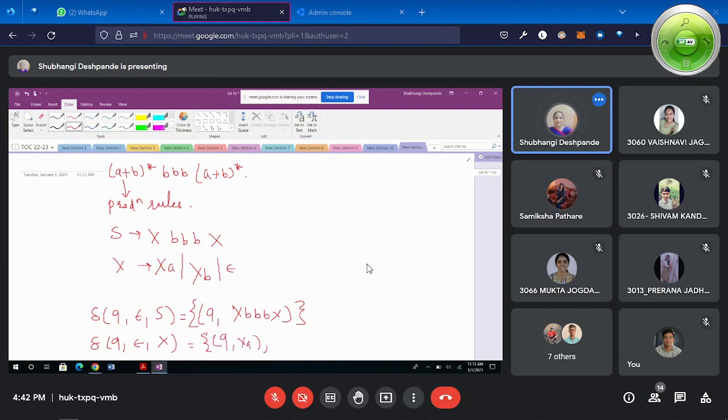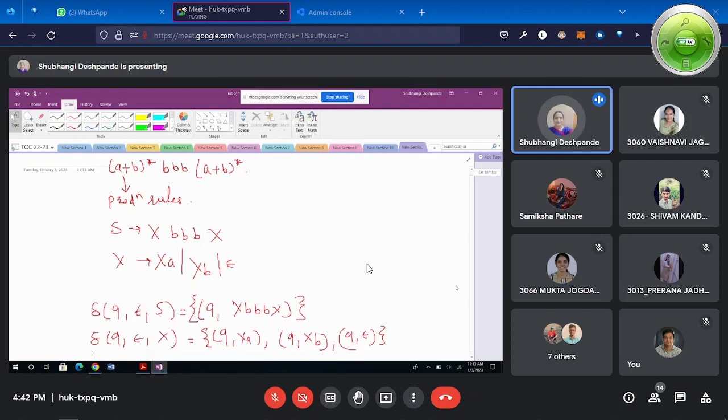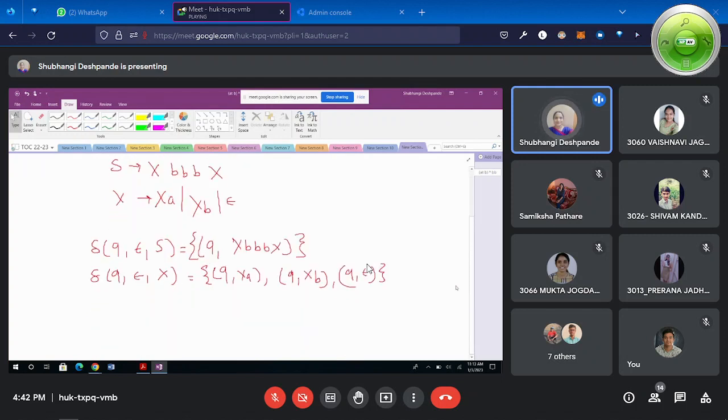Q comma Xa, Q comma Xb, and Q comma epsilon. Fine. Now there are no terminals here. We have already written Q epsilon over there. If you want to write it, you have to write it here or you can write it separately. So that's it. This is the required conversion of CFG to PDA.